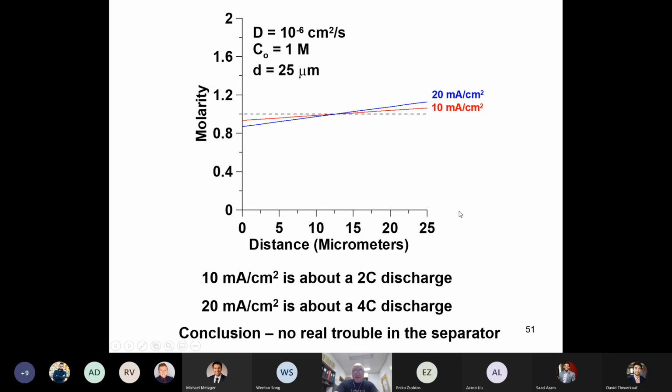For our lithium ion cells, 10 milliamps per centimeter squared is typically about a 2C discharge. We typically would have 5 milliamp hours per centimeter squared loading, so 10 milliamps per centimeter squared is 2C, and 20 milliamps per centimeter squared is 4C. The point here is that across a 25 micron gap, these kinds of current densities can easily be supported.